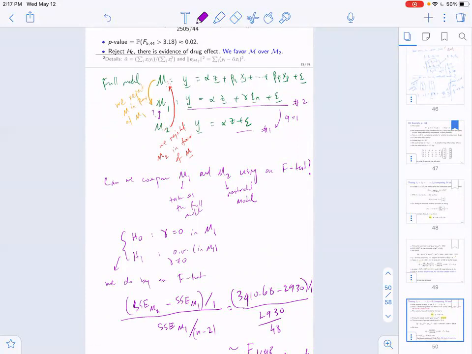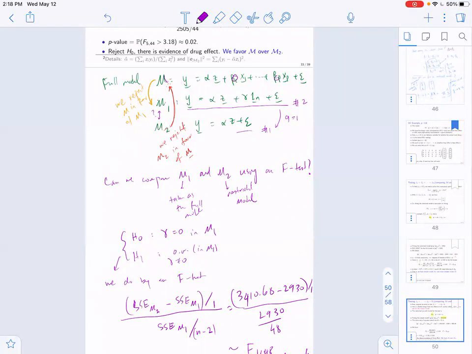When you do an F-test for testing the hypothesis that all drugs are equal, you're effectively comparing these 2 models. The one is the full model, and the second one is the model that sets all of these equal to, let's say, gamma. That would reduce it to this model. So model M reduces to M1 under the first hypothesis. Under the second hypothesis, model 1 reduces to model 2, where you set all the betas equal to 0.